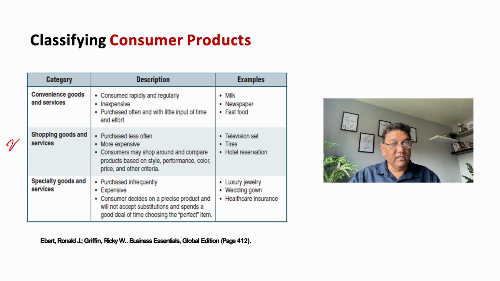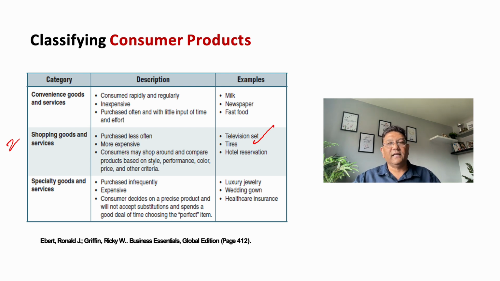Now, the second type of products or services is shopping goods. Shopping goods are not purchased regularly or every day. Those are purchased less often, so maybe once in a week, or it could be once in a month or once in a year. As an example, television sets: we don't buy them every day, every month, or every year.